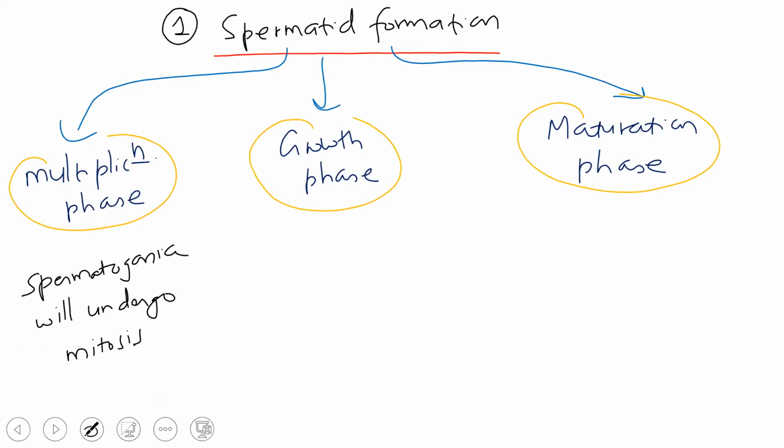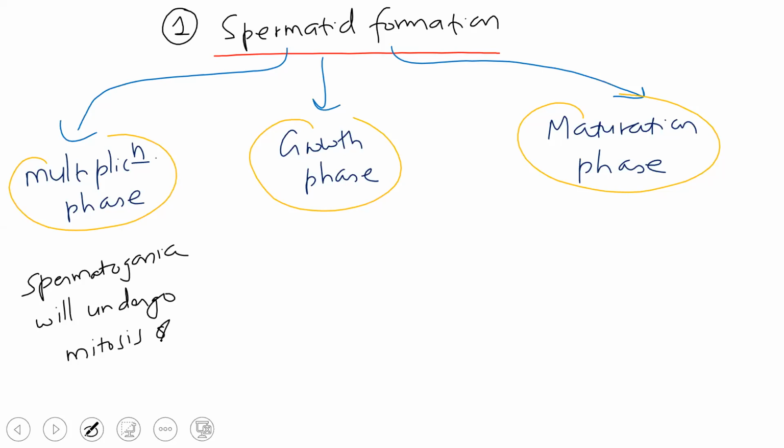It will form primary spermatocytes, which we'll talk about further. This primary will basically be transformed into secondary, and the secondary spermatocytes are what we call spermatids. I'll explain on the diagram also.